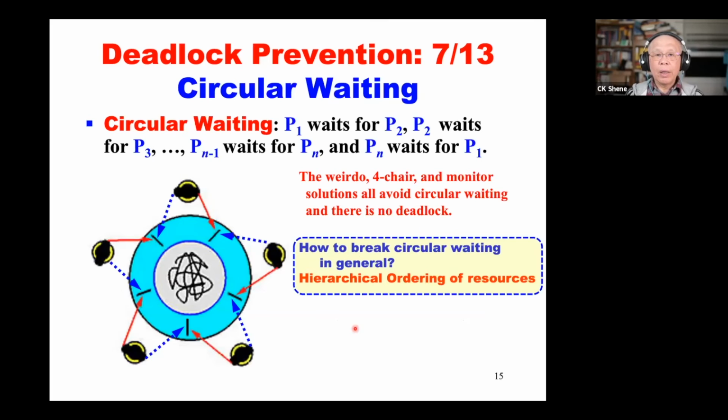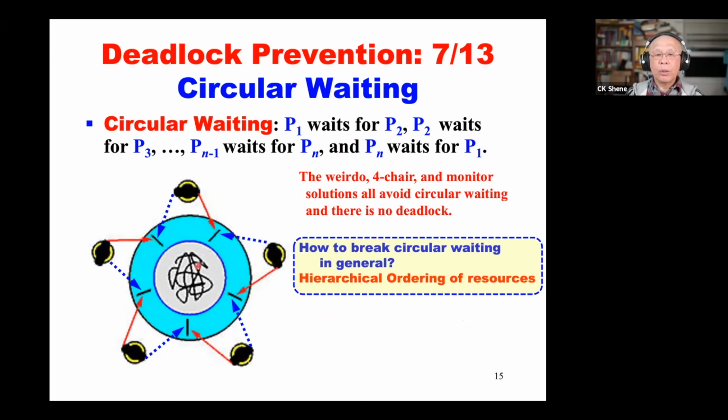Now, finally, let's study circular waiting. Circular waiting is pretty easy. We have a set of processes. The first one has something and waits for the second, which waits for the third, and so on. And the last one comes back and waits for the first one.